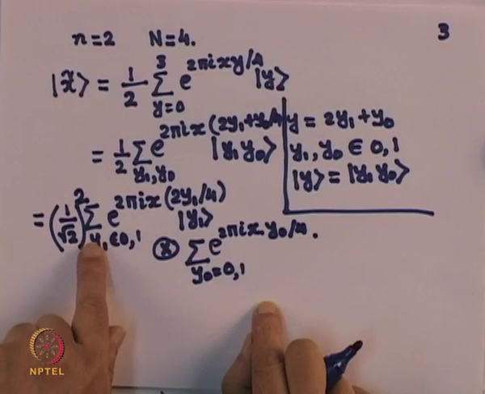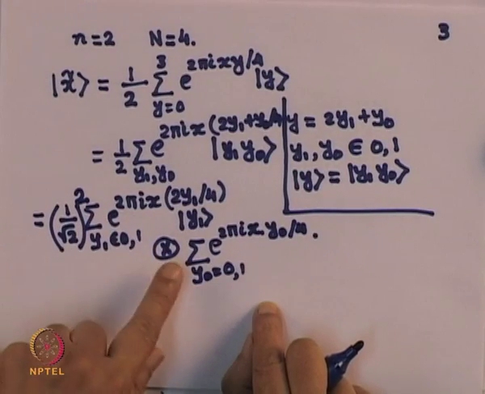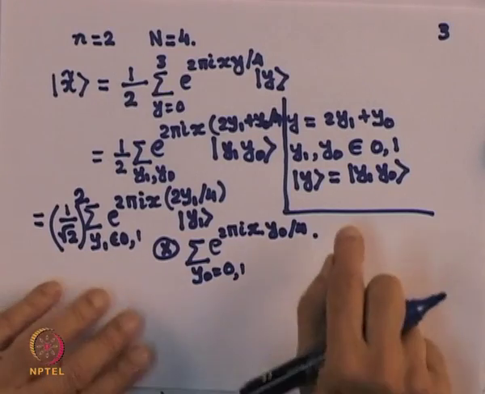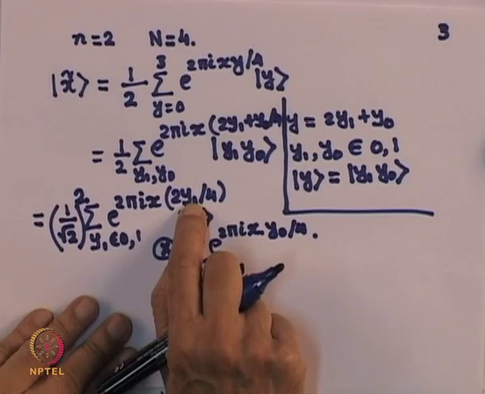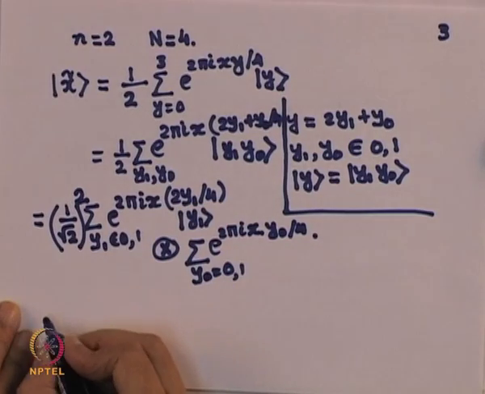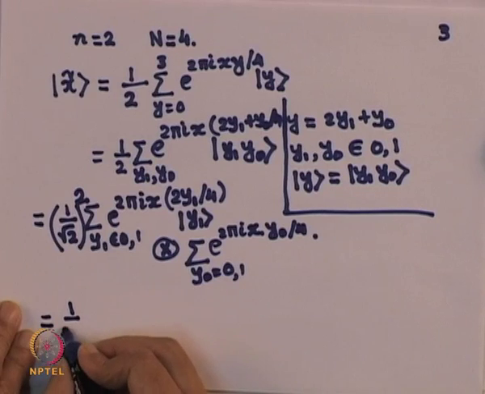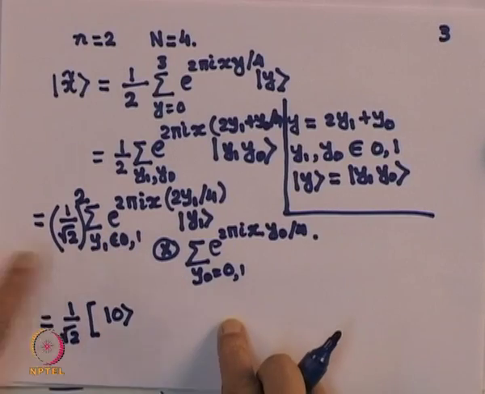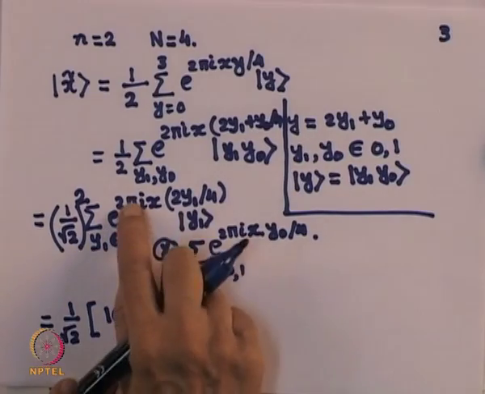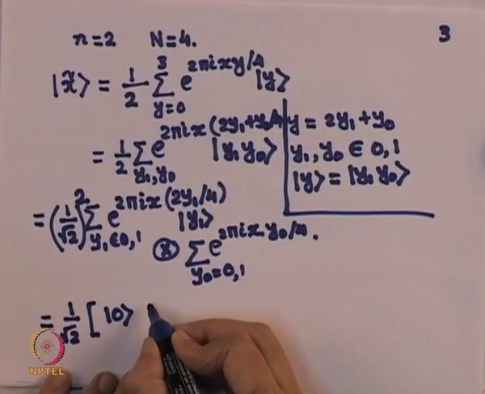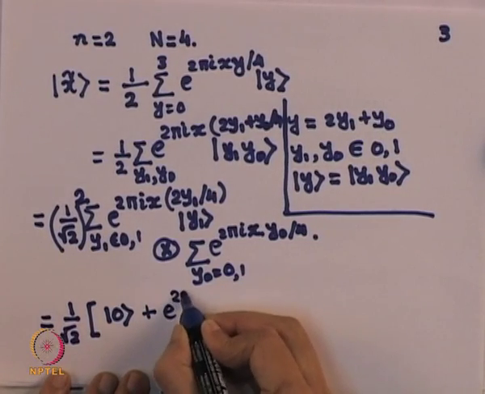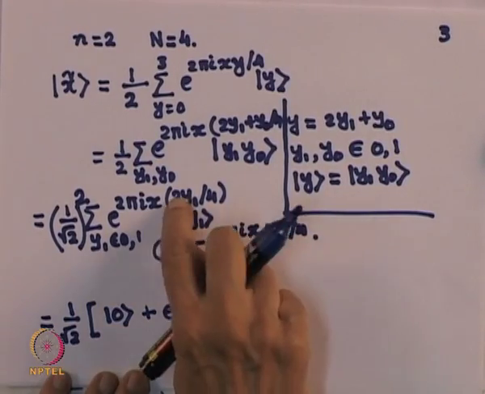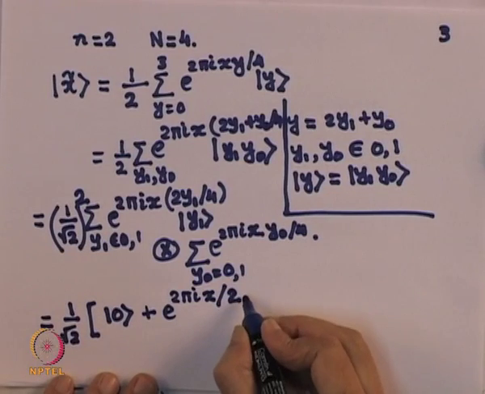Now, we are going to see what these terms are like. Realizing that my y1 takes value 0 and 1, let me first split it up. So, I have 1 over square root of 2, |0>, because if y1 is equal to 0, this e to the power 0 is equal to 1, plus e to the power 2 pi i x by 2, because this is 2 by 4, and |1> for y1 is equal to 1.